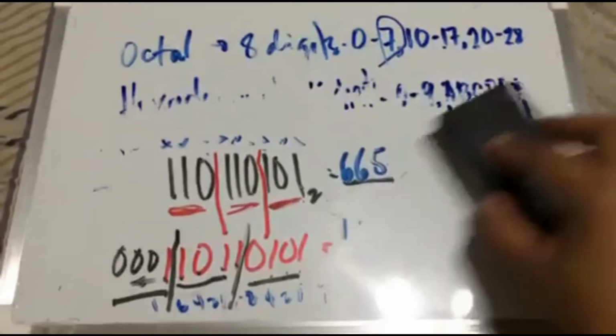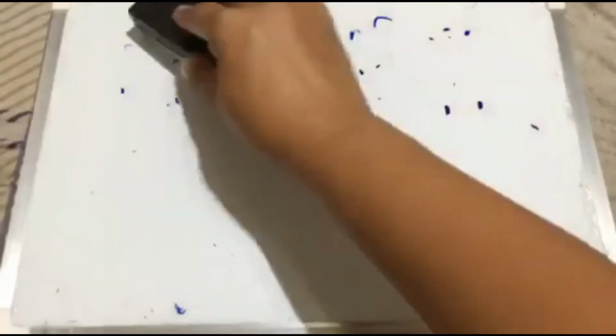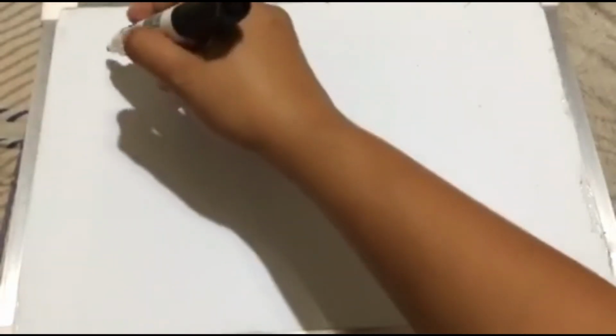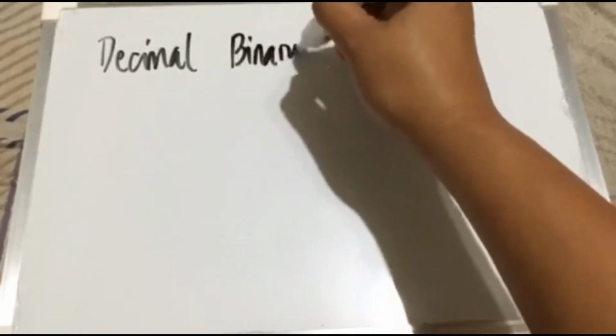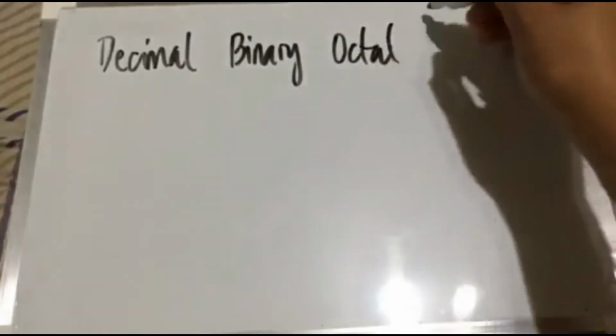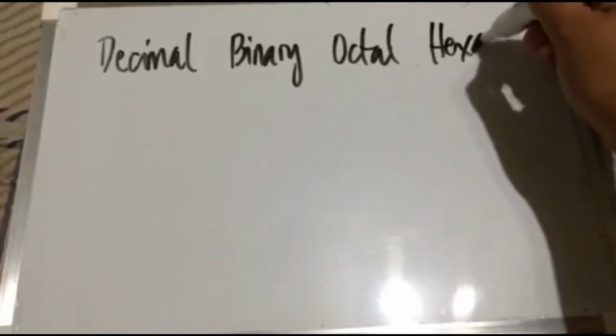So for now, we're going to have an activity on how to convert a number system from one number system to another. So all you have to do is to comment down your answers. Okay, decimal, binary, octal, and hexadecimal.